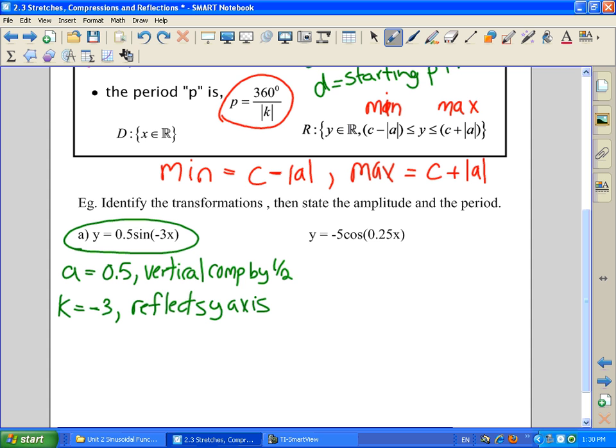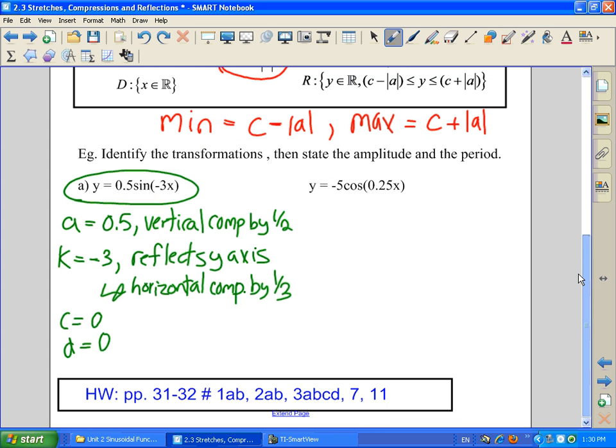And it means that there is a horizontal compression by, and don't forget to put it as 1 over the absolute value of K, so it's going to be by 1/3. So those are the basic transformations. There's no C or D part, because C equals 0, so it stays on the axis at 0, and D equals 0, which is your starting point.